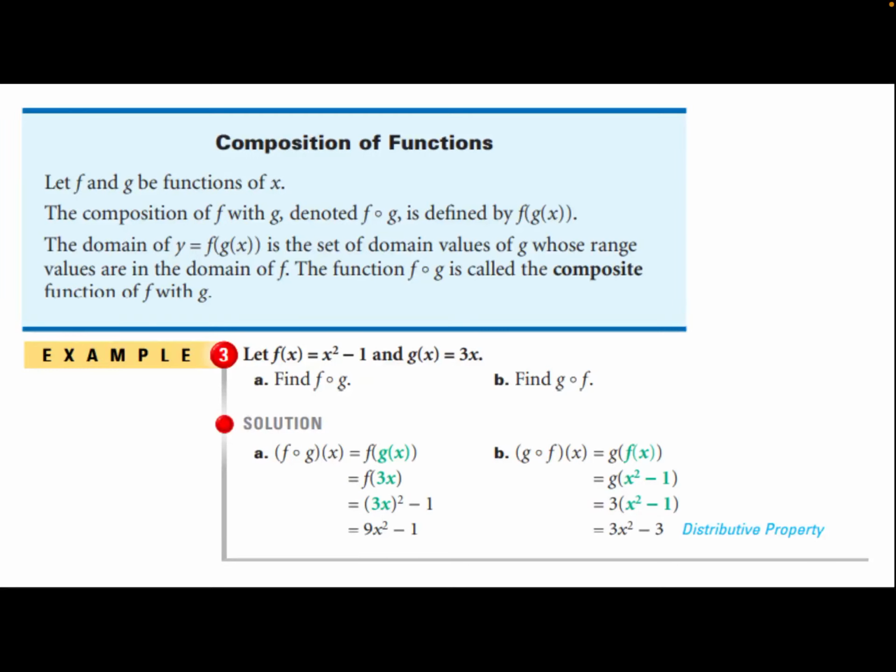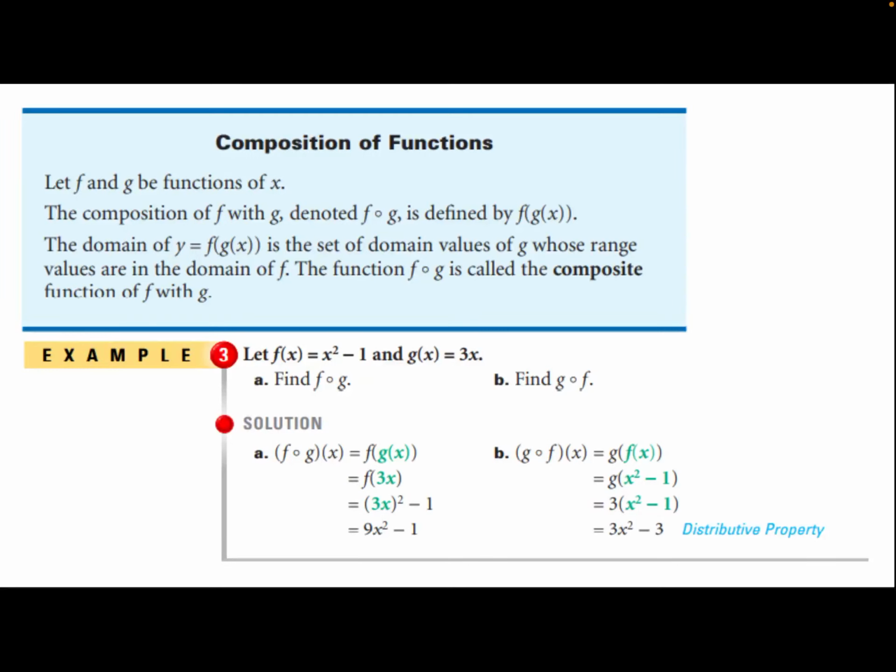Example 3, let f of x equals x squared minus 1 and g of x equals 3x. A, find f composite g. And to get the solution, you would just plug in 3x into the function f, and you would get (3x) squared minus 1, simplifying it to 9x squared minus 1.